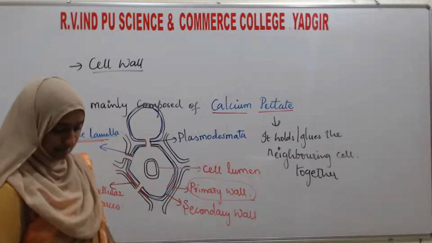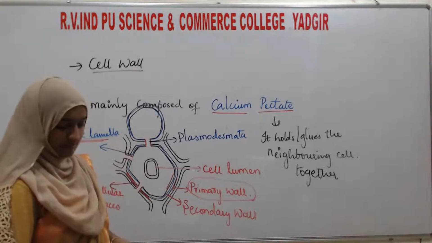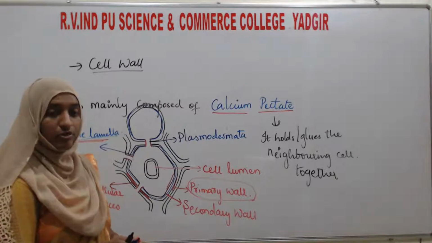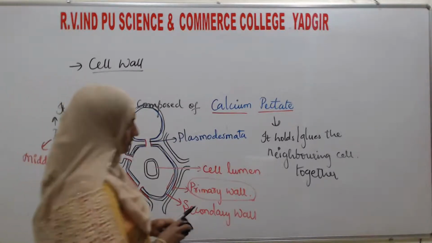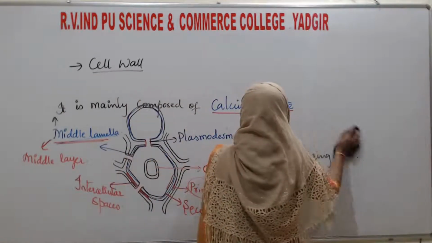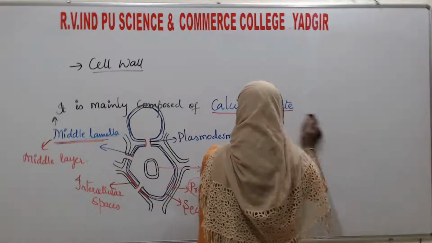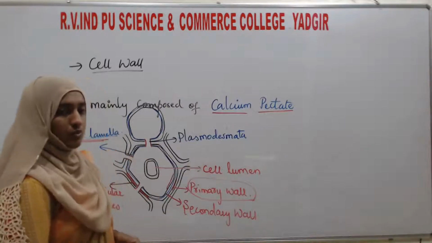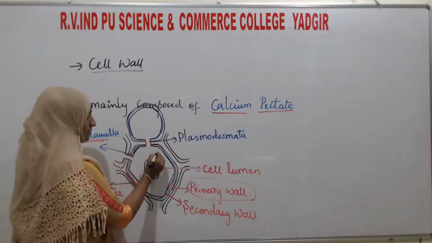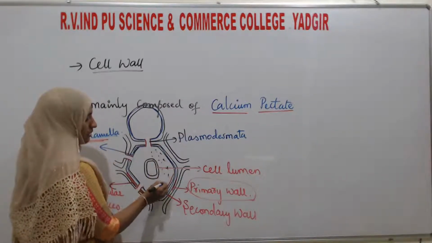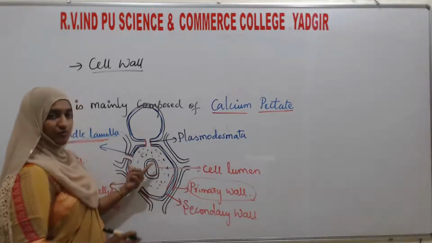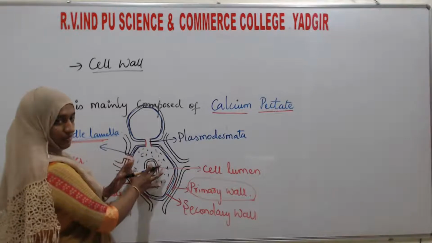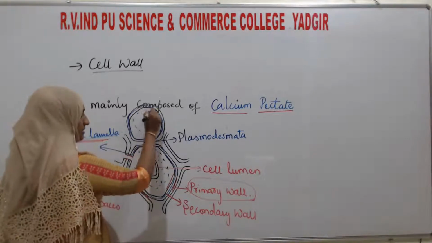So what is the function of plasmodesmata? You will see here. Whatever cytoplasm is there in one cell will stream from this cell to that other cell.